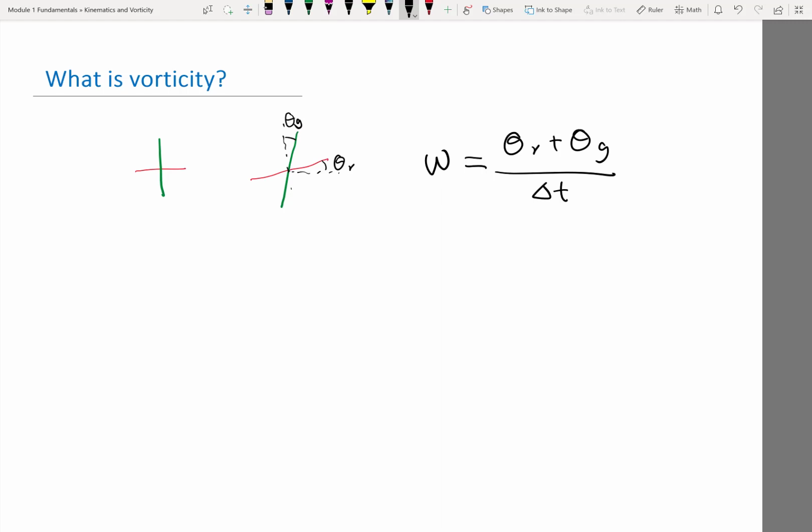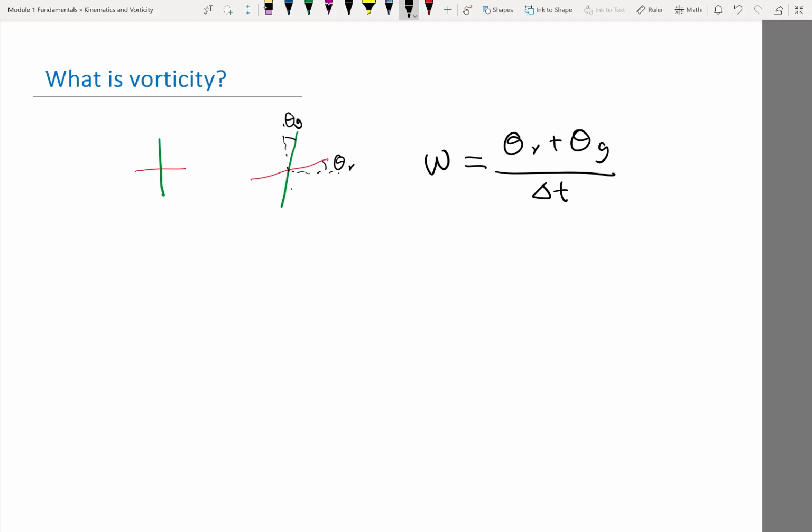Okay, so from this definition, it is already useful in some sense because it gives you a way to measure vorticity experimentally. Why is that the case? Because you can build a very small cross, an infinitesimal cross, and put it in the flow field. And imagine if the cross is made of solid, rigid as opposed to being made of a fluid dye.